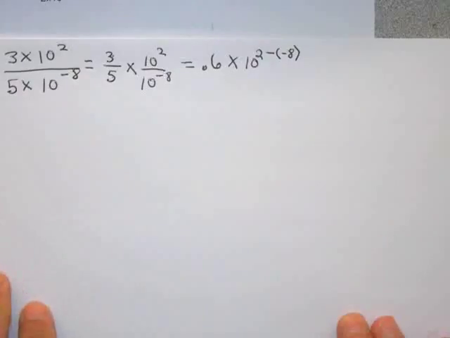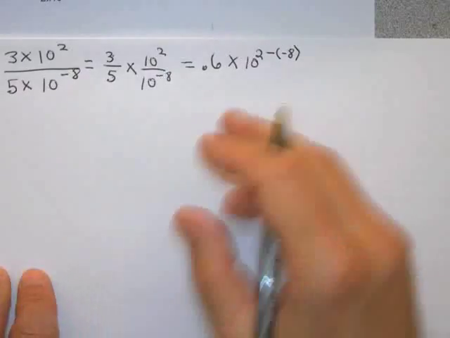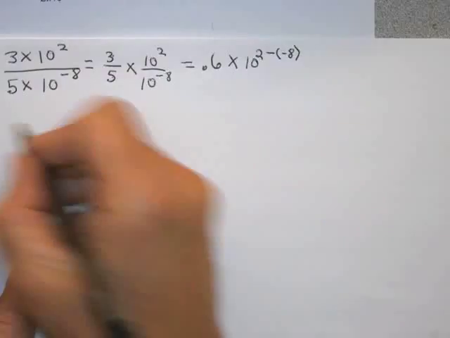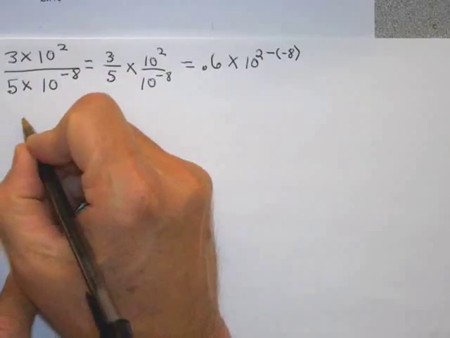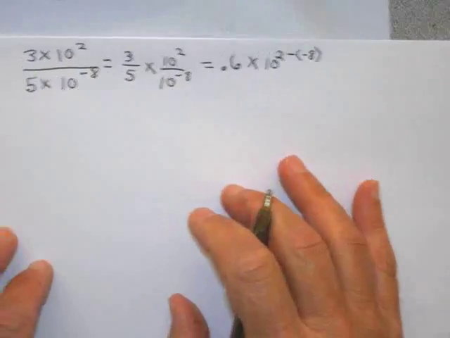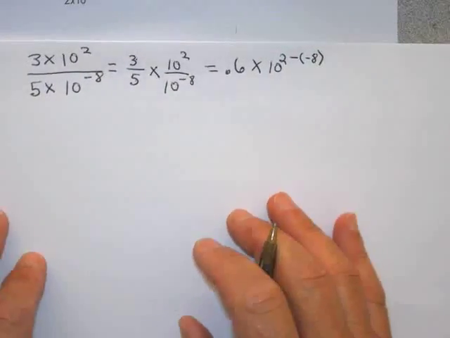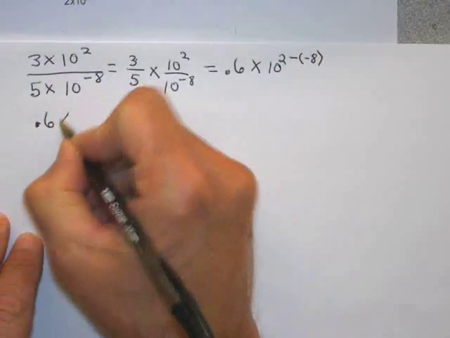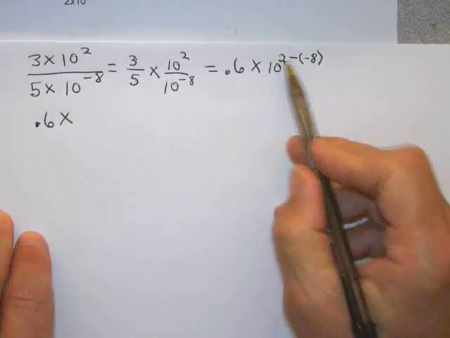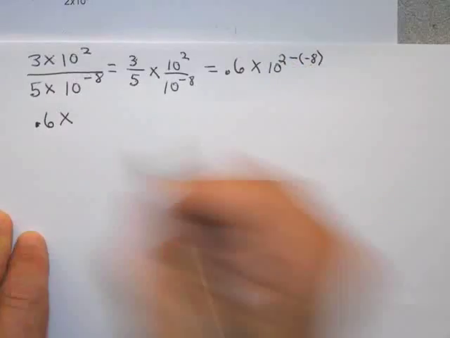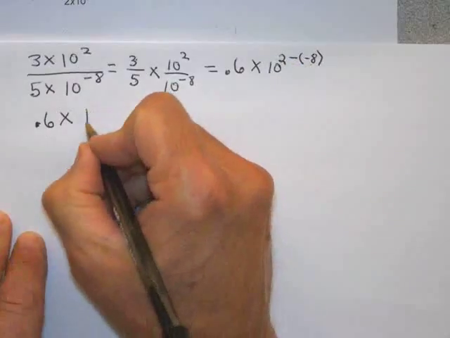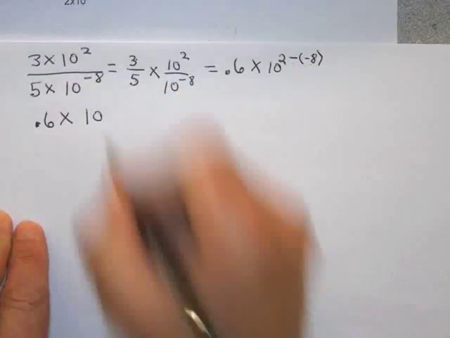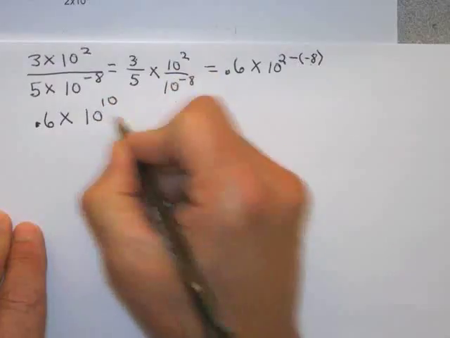I'm going to slide this over a little, make sure everybody can see all of it. And what do I have here? Well, now I've got 0.6 multiplied by 10 to the 2 minus negative 8, which would be positive 10. And this would become 10 to the 10th power.